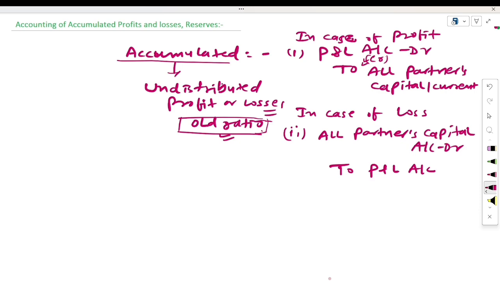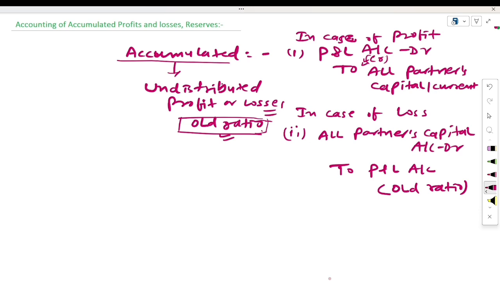Here we will distribute all these profits or losses in the old profit sharing ratio, not the new profit sharing ratio. Remember this point, because these are the profits or losses before the reconstitution of the partnership, not after it.